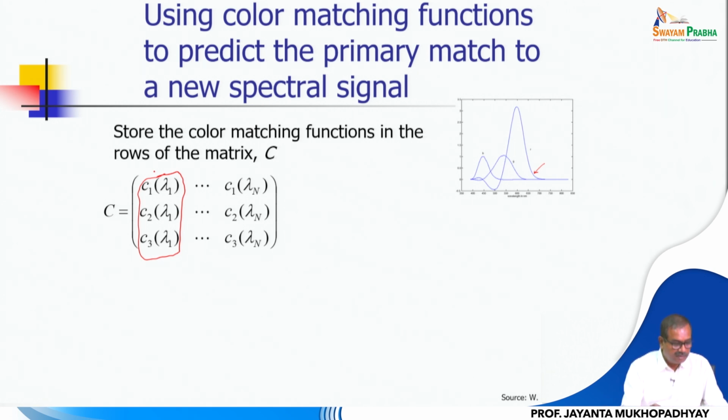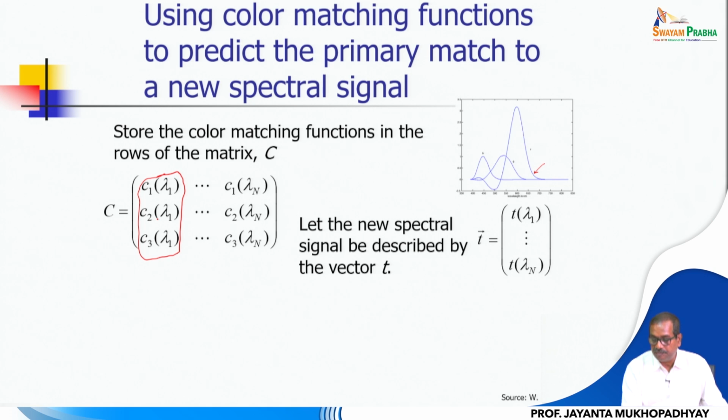So given T lambda 1, it will produce T lambda 1 into C1 lambda 1, T lambda 1 into C2 lambda 1, and T lambda 1 into C3 lambda 1.